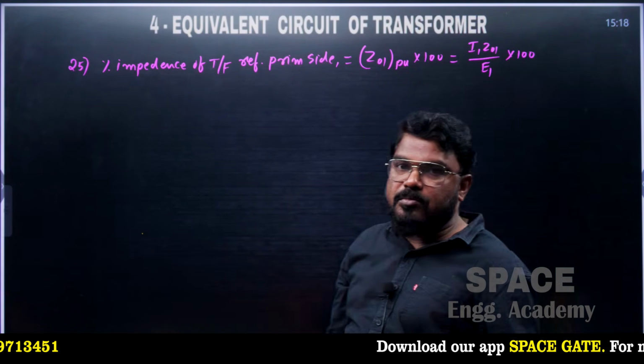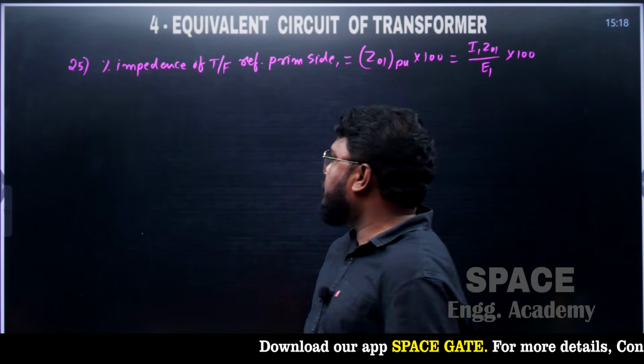So this is the percentage impedance of the transformer referred to the primary side.